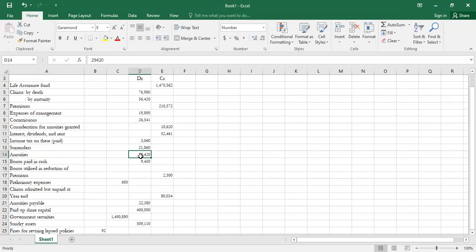Then we have bonus paid in cash. Bonus paid in cash is an expense, so we debit. Then I have bonus utilized in reduction of premium, an expense. So we are supposed to debit. Then I have preliminary expenses. They are expenses.